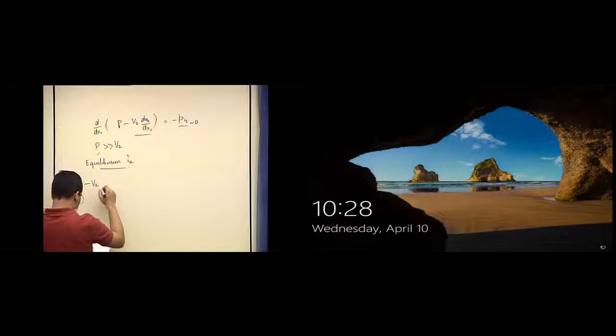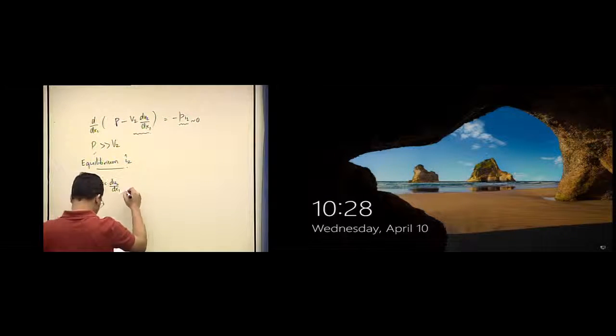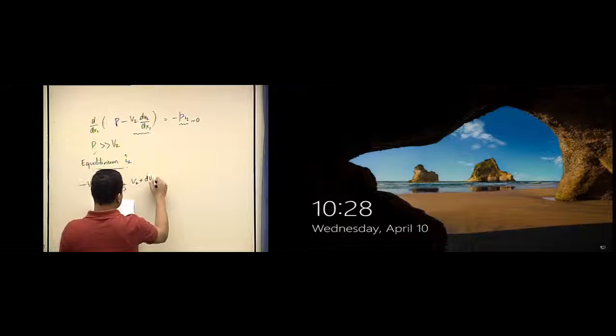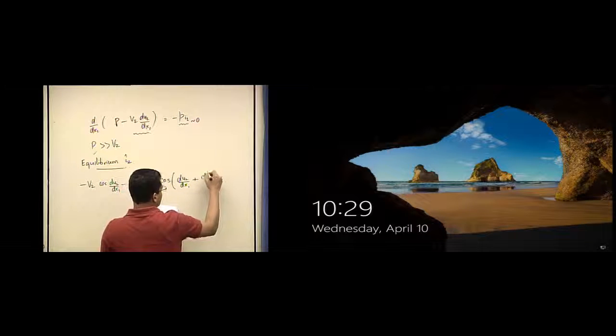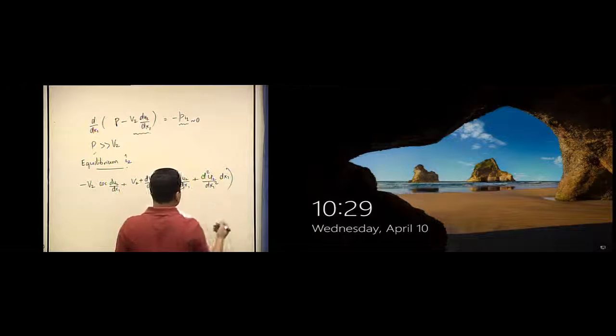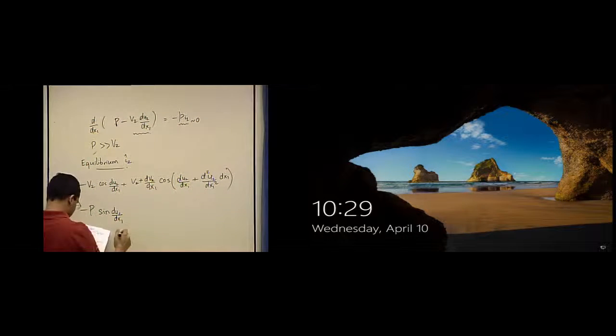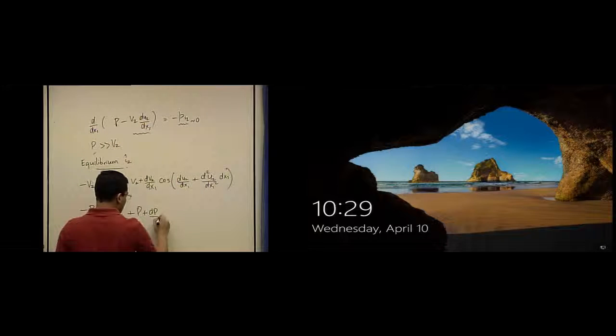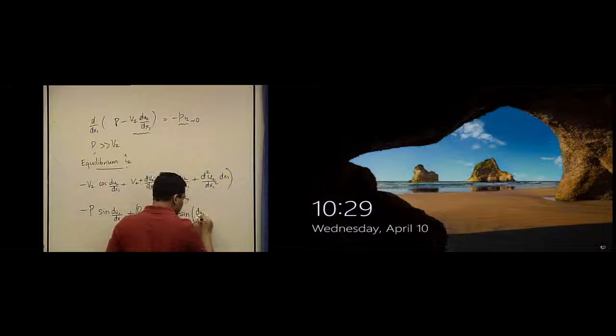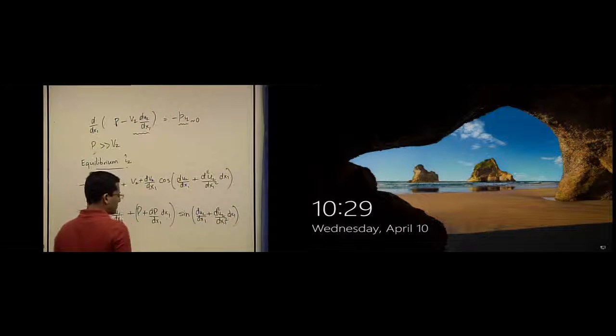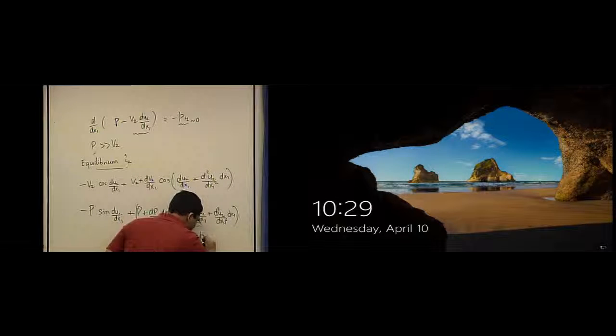So it will be again a big equation: minus v2 cosine of du2 over dx1, plus v2 plus dv2 over dx1 cosine of du2 over dx1 plus second order differential of u2 with respect to x1 dx1, minus p sine du2 over dx1, plus p plus dp over dx1 sine du2 over dx1 plus second order differential with respect to u2 dx1, right, plus small p component in I2 dx1 is equal to 0.